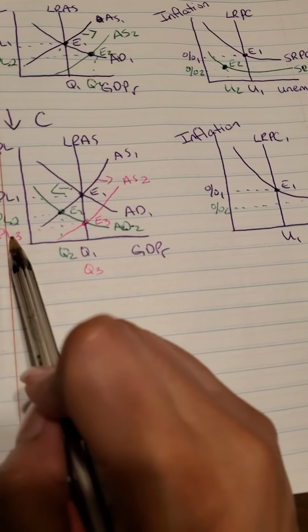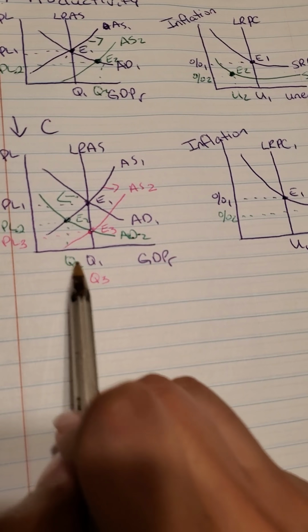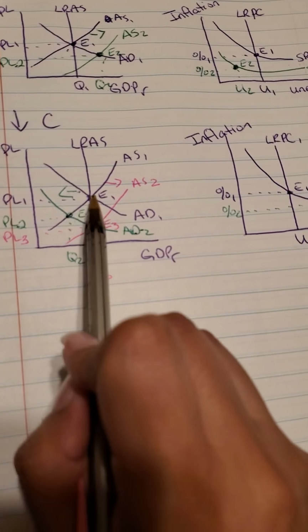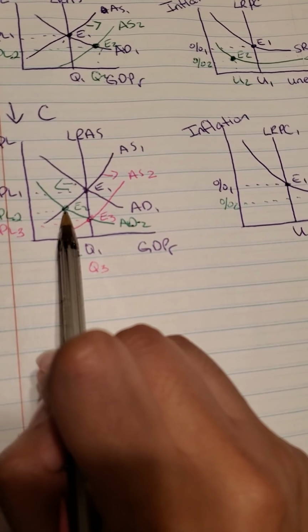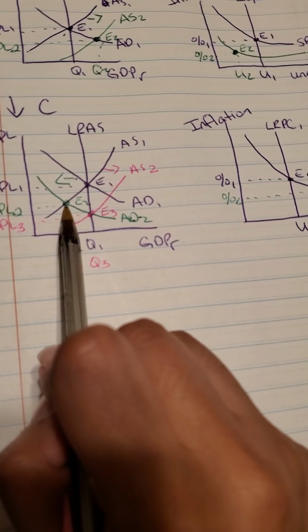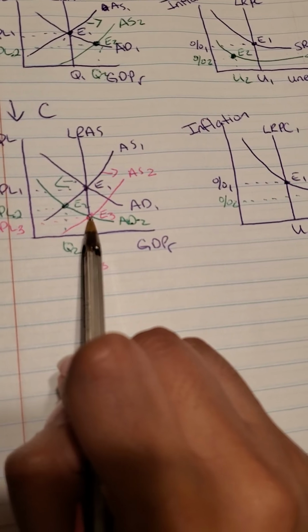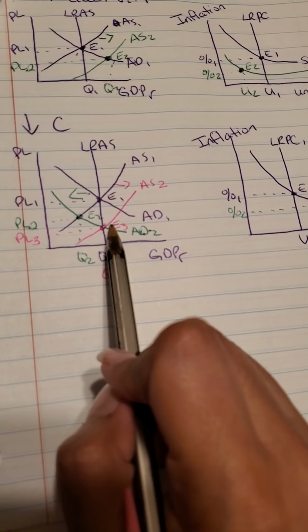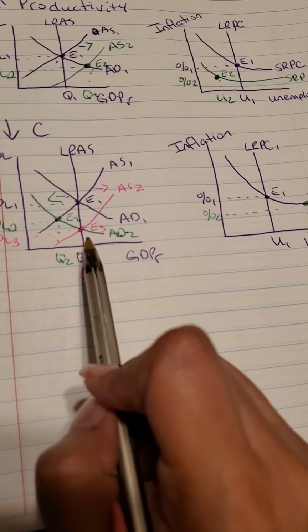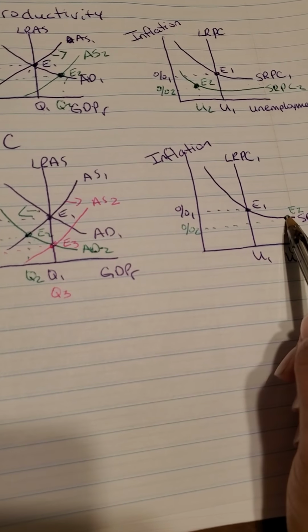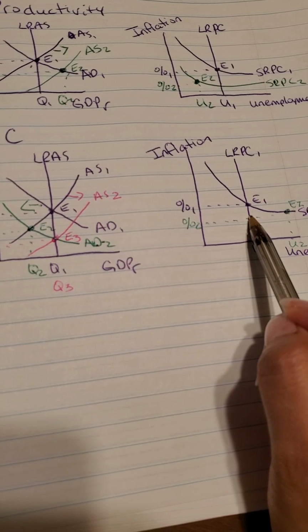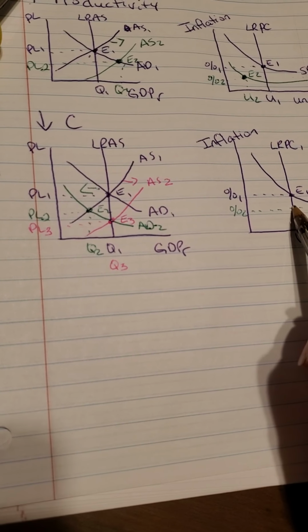So what happened to price level? It decreased. Output increased, but what happened to the unemployment rate? Here, let's say we were at 15-20% unemployment. Over here, we're back at 4 to 6% unemployment. So that means that it decreased, right? We went back to full employment. So we know that we went back to full employment, and we know that price level decreased.